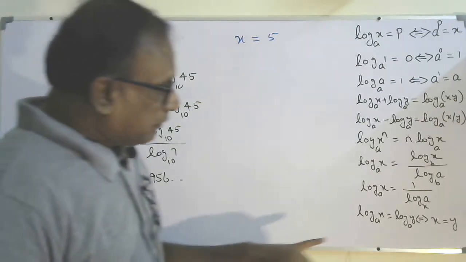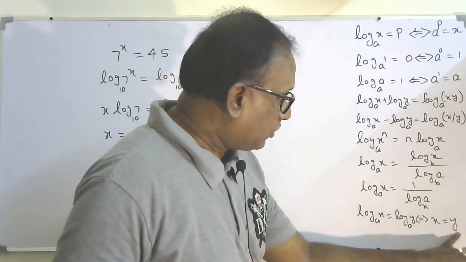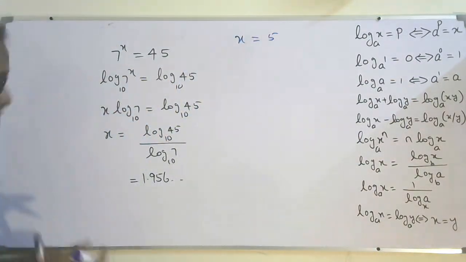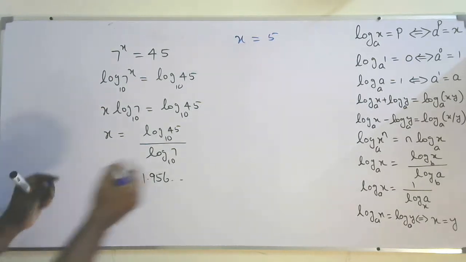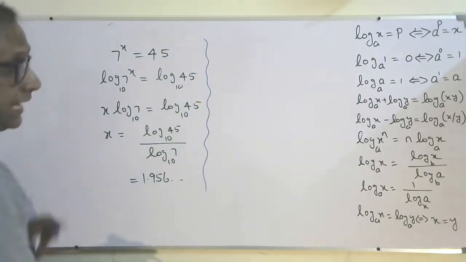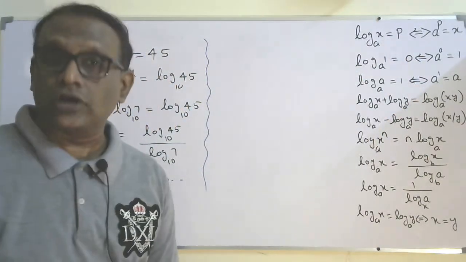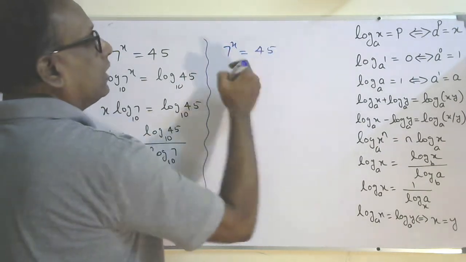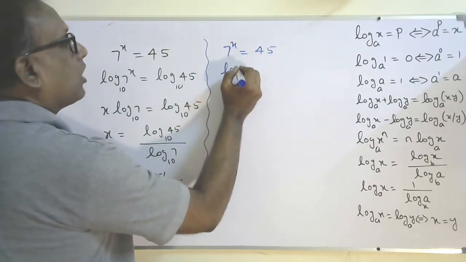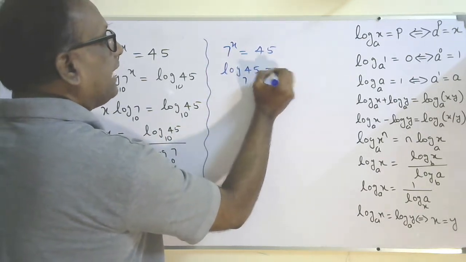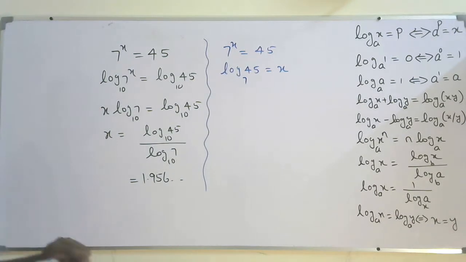Actually, what are we doing when we are taking logarithm here? Say 7 to the power x equals 45. If I derive it using the basic rules in logarithms, writing the normal rule, that is log of 45 to base 7 equals x.